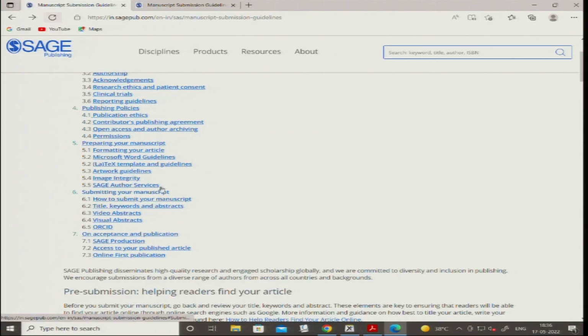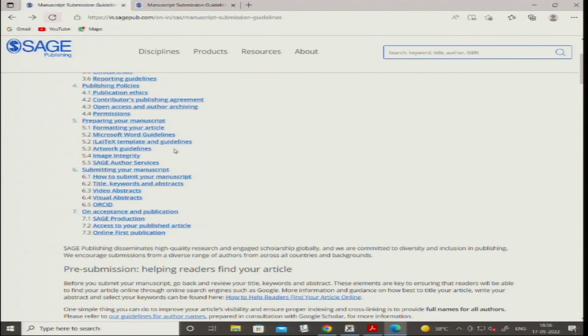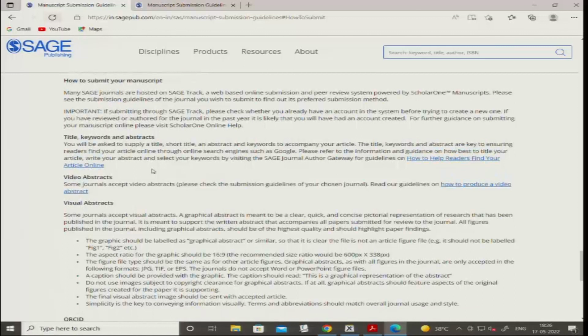Okay, so then we come to how to submit the manuscript. Here we see the title criteria, how you write the title, how you write the keywords, and what the length of the abstract is. Okay, how to deal with the video abstract, because these days most journals require a graphical abstract and a video abstract also.